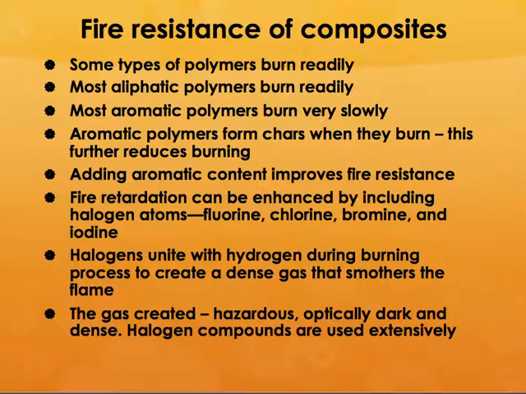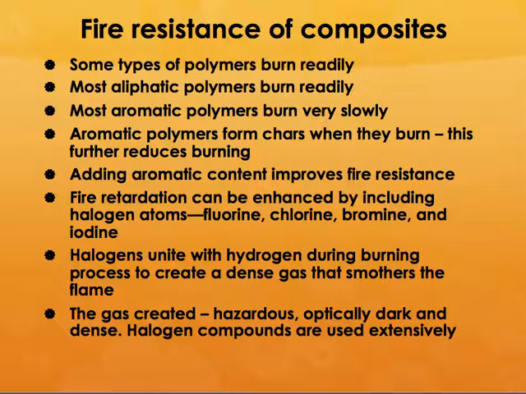So if your matrix polymer is aliphatic in nature, they would burn very readily. If they are aromatic in nature, they burn very slowly. They also create what is called char, which prevents the further movement of the fire through the entire matrix itself. And you can have added aromatic content, or you might also add what is called halogen atoms like fluorine, chlorine, bromine, and iodine.